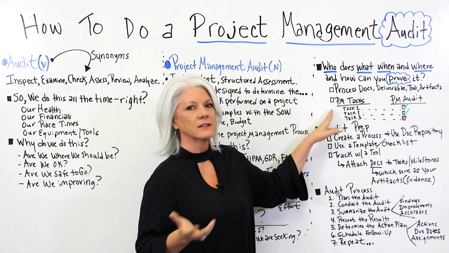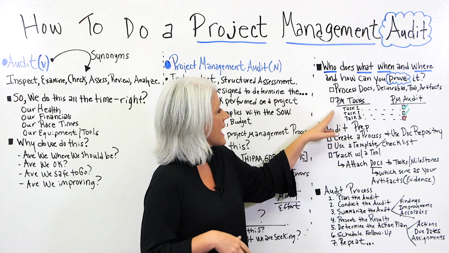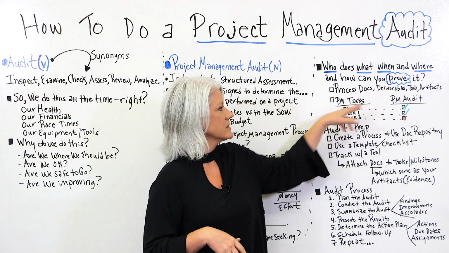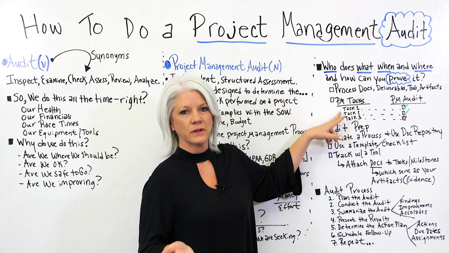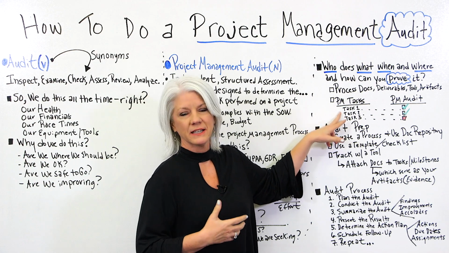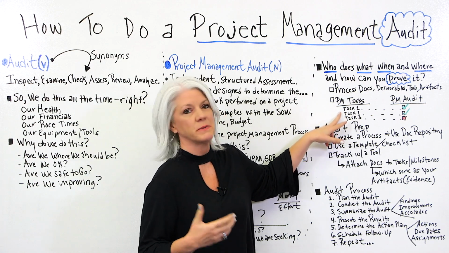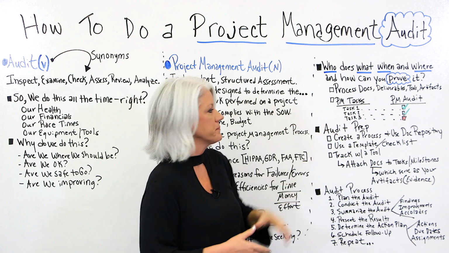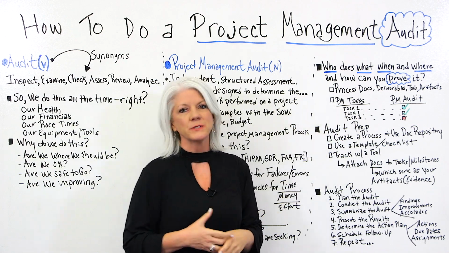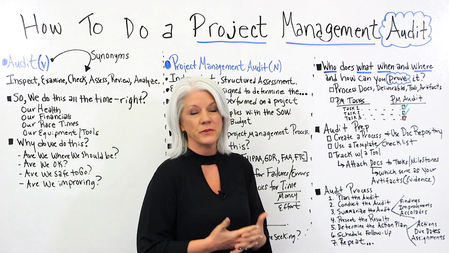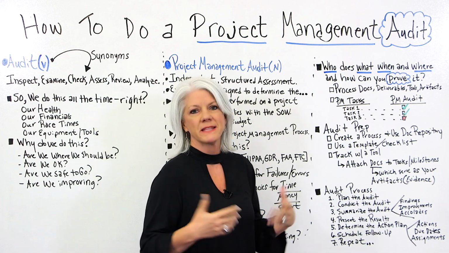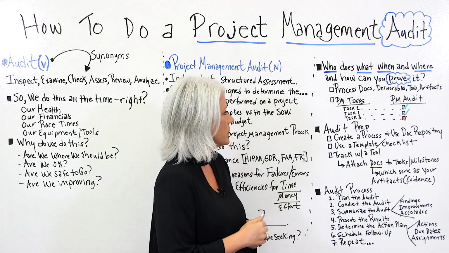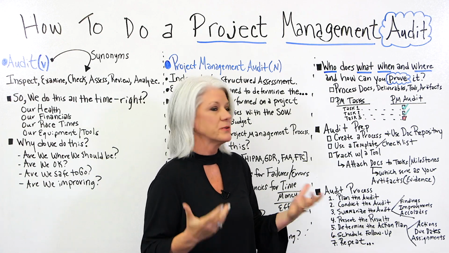So we can look at the project management tasks, and the audit is looking at whether these tasks were supposed to be done, or these deliverables were supposed to be produced. So were they? We always want to prep before we do the audit. Here are some of the things at a high level that we want to be prepped and ready for.